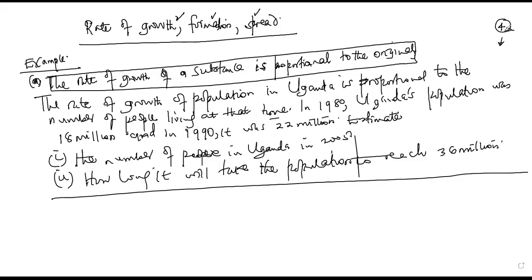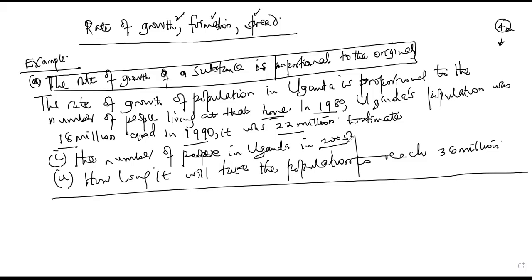It implies that the rate at which modernity is taking us is too exponential. So if you're interpreting this question, they're saying that the growth of population in Uganda is proportional to the number of people living at that time. In 1980, the population was 18 million. In 1990, it was 22 million. Can you estimate the number of people that will be in Uganda in 2005? This is a mathematical model from the branch of biomathematics, whereby one can specialize in doing this research in hospitals. One can perform a Poisson experiment.